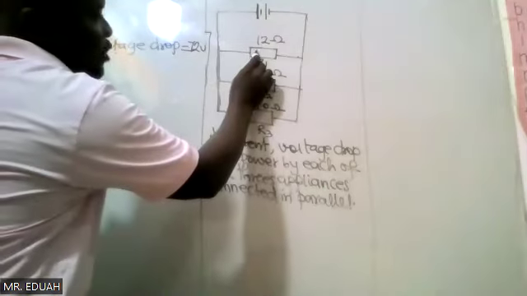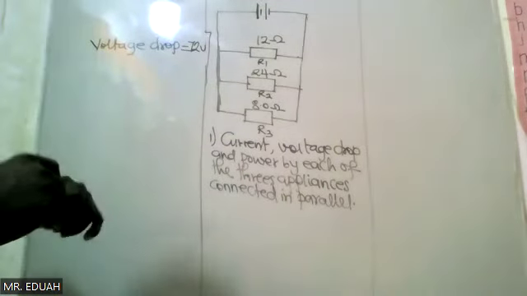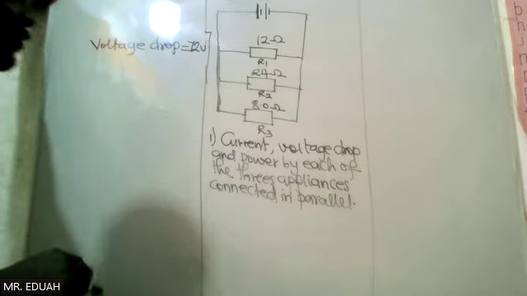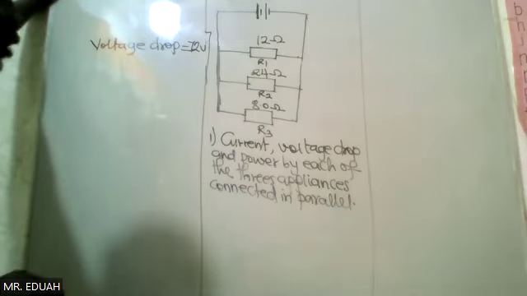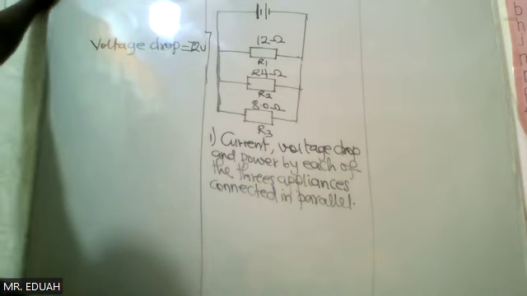So there will be a voltage drop of 72 across the 12 ohm resistor, 72 volts across the 24 ohm, 72 volts across the 8 ohm resistor.